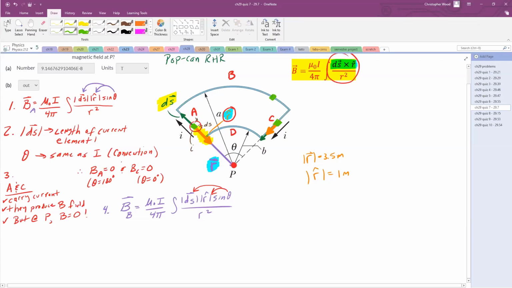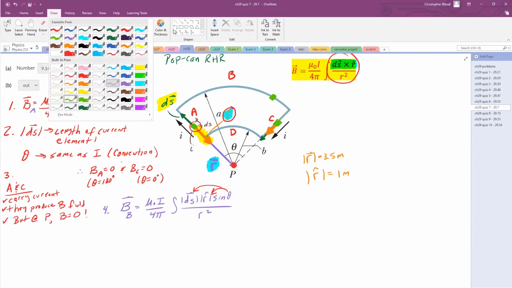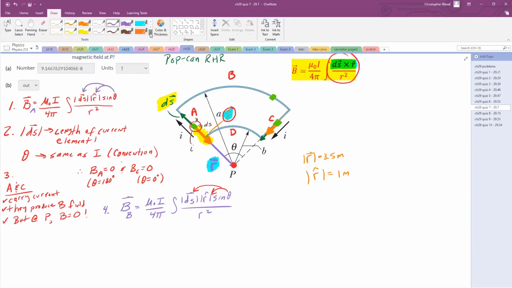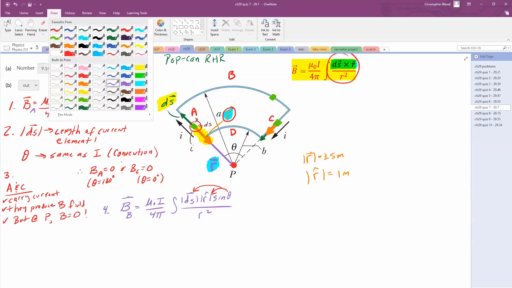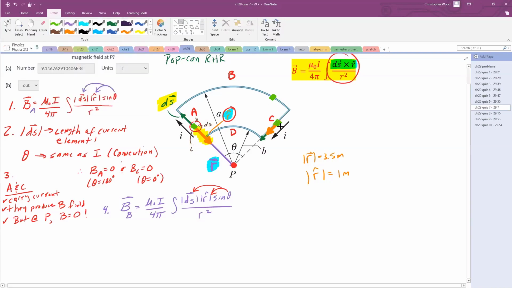So anyway, I'm just buying time as I draw my differential element. So there's my differential element. Here's my position vector. What's the location of that differential element? We'll need this position vector. It's located that far away.